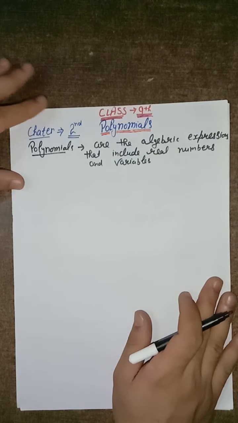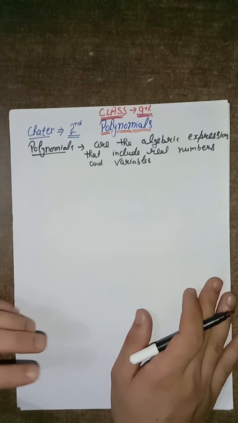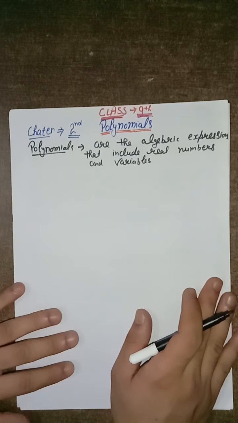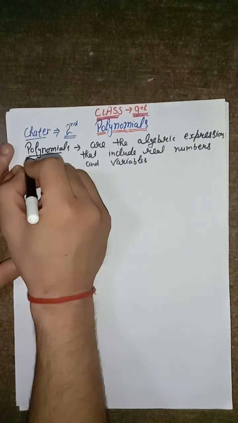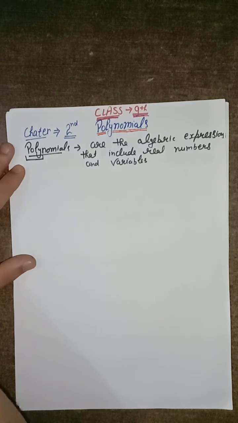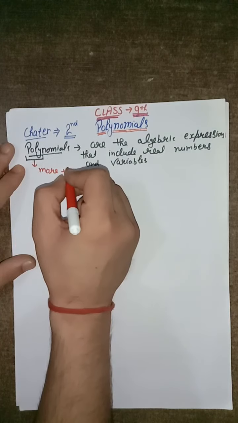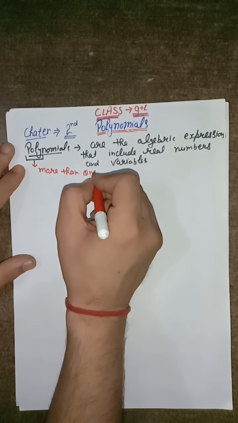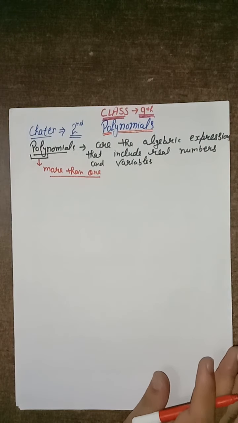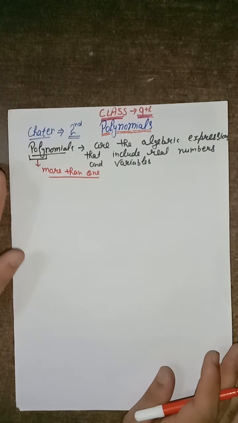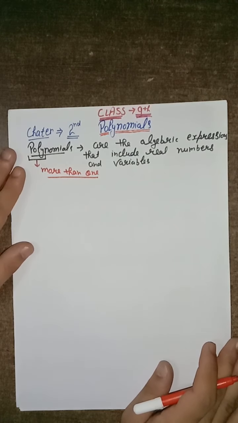Means my polynomial will be like an algebraic expression which contains real numbers and some variables. Now the word polynomial contains poly, which means more than one. So polynomial is that expression which contains more than one term.